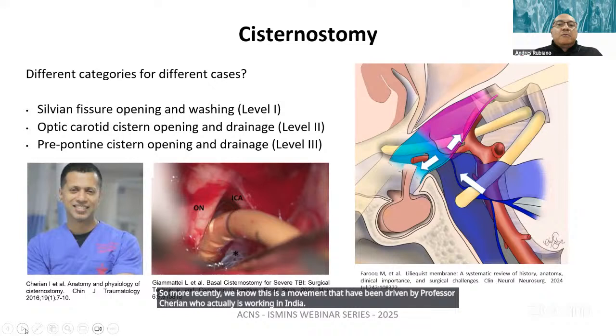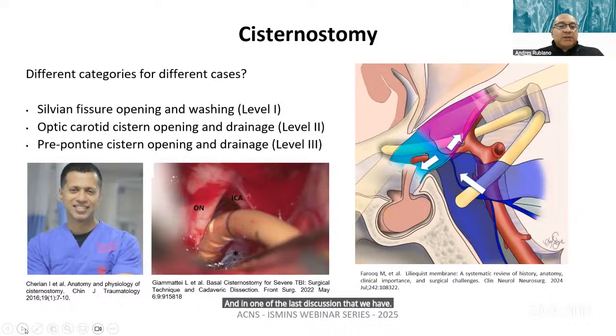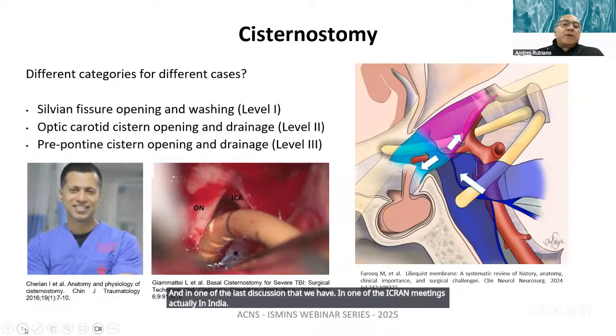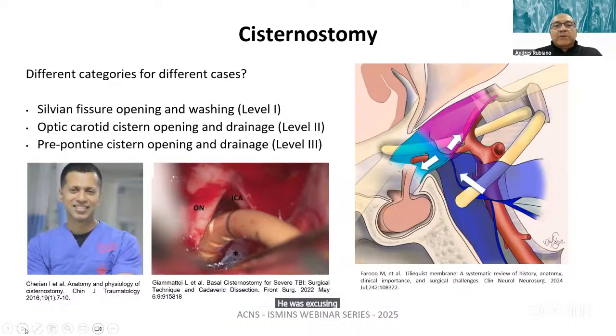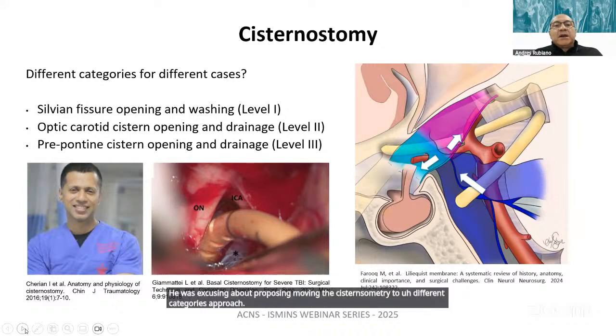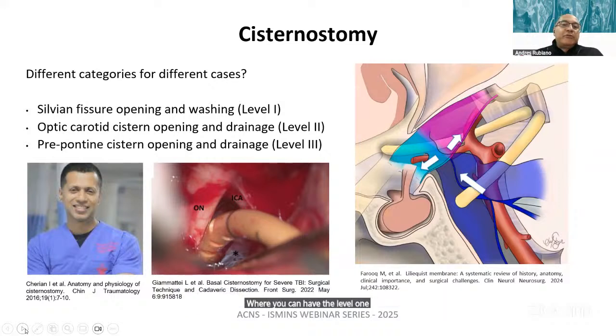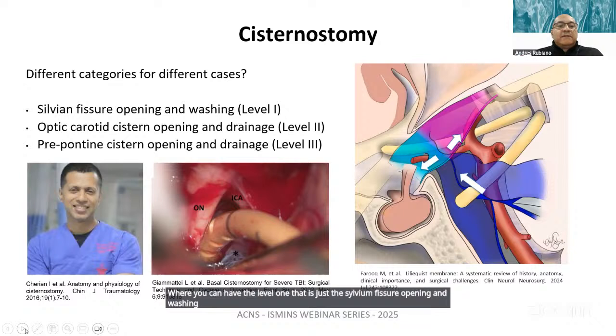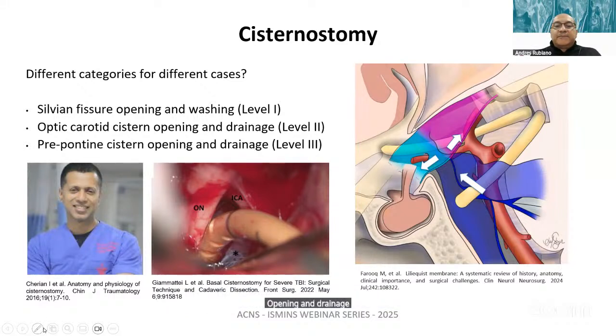And in one of the last discussions that we had in one of the ICRAN meetings, actually in India, he was discussing proposing to move the cisternostomy to different categories of approach, where you can have level 1, that is just the sylvian fissure opening and washing, level 2, that is the optic carotid cistern opening and drainage, that is the traditional one, and level 3, that is the more advanced, that includes opening the Lilliequist membrane for opening and drainage of the prepontine cistern.